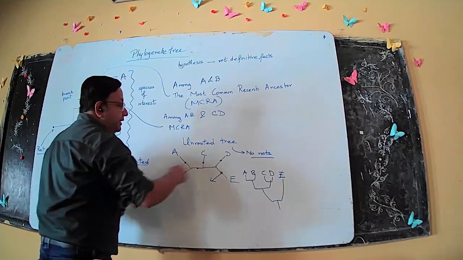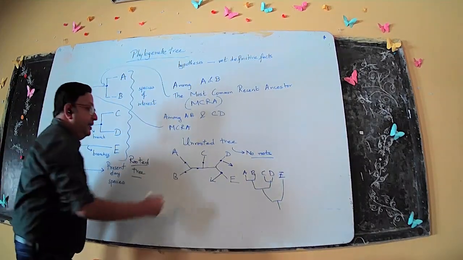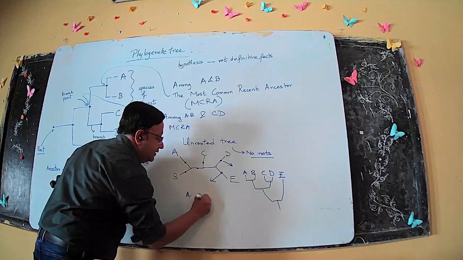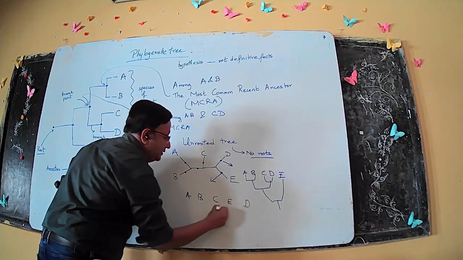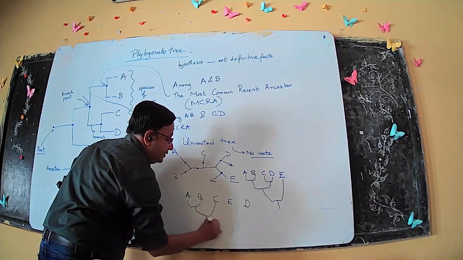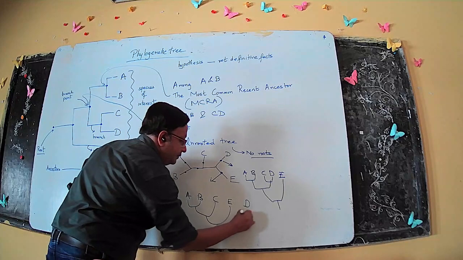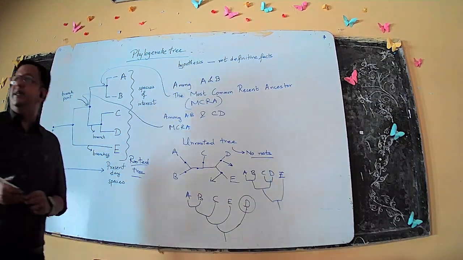If you pull it from D, then this D becomes the distant one.